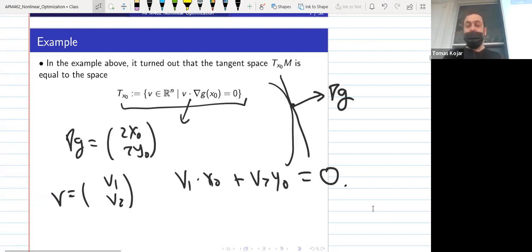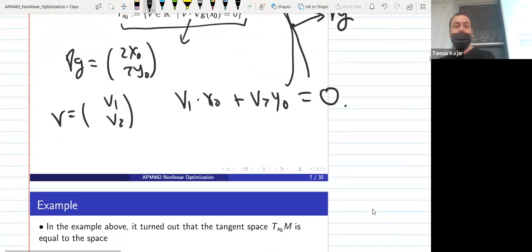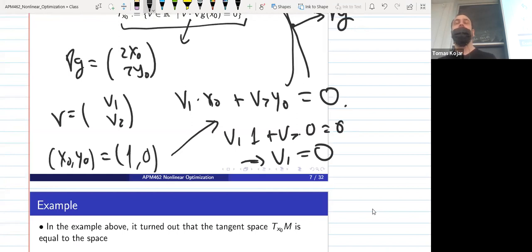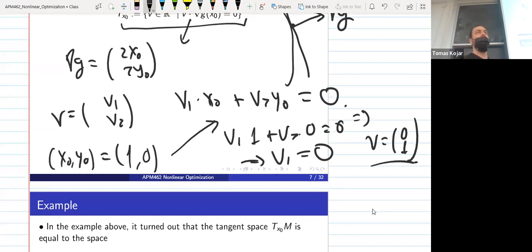All right, and remember the guy we looked at was 1, 0 in the example. So the equation becomes V1 times 1 plus V2 times 0 equals 0. So V1 is 0. So you get the V we talked about, 0, 1. Is that okay?